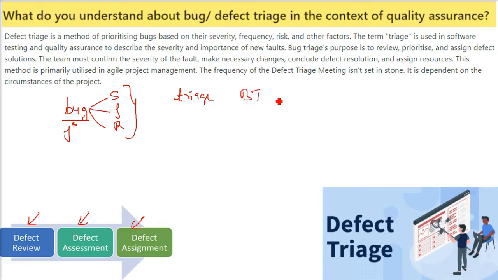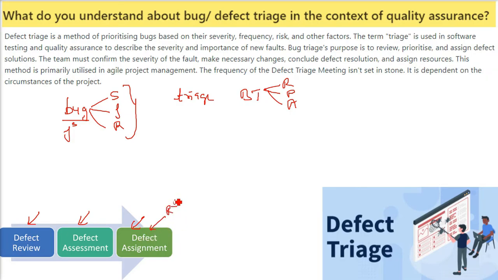Now the purpose of bug triage, as I said, is reviewing and prioritizing and then assigning the defect solutions. So the team must confirm the severity of the fault, make the necessary changes, conclude the defect resolution, and then we assign the resources.